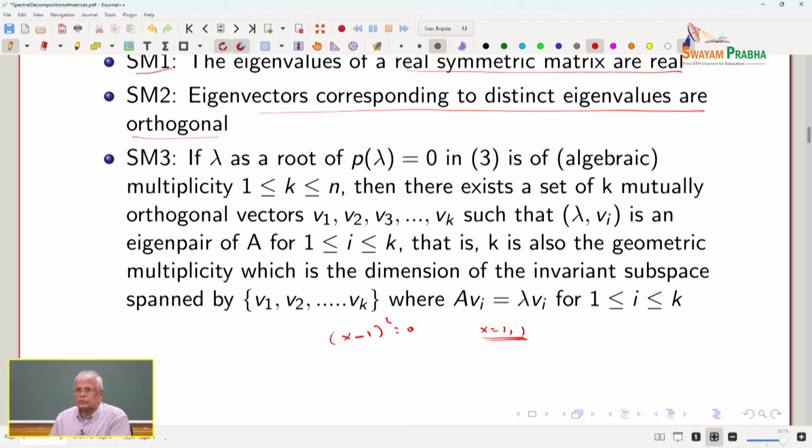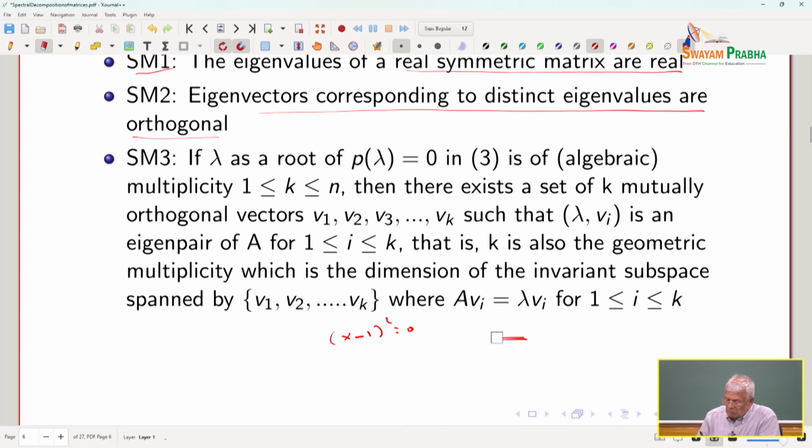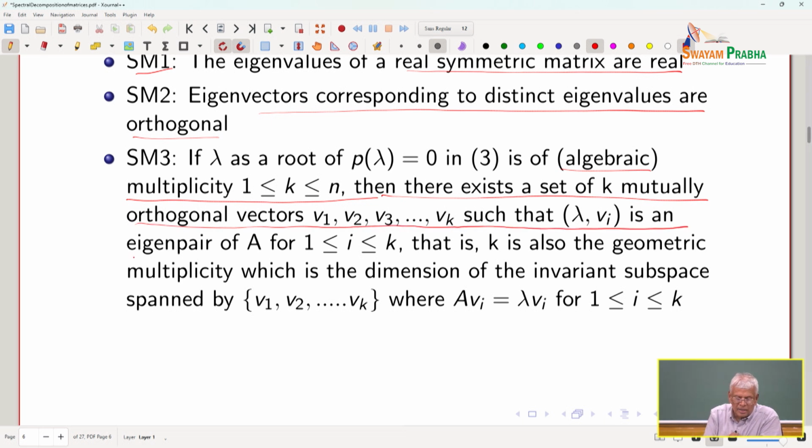It has two roots. It can have multiple roots, and the roots can be repeated. So, if lambda is a root of algebraic multiplicity k, then there exist k mutually orthogonal eigenvectors v_i such that (lambda, v_i) is an eigenvector pair of A.